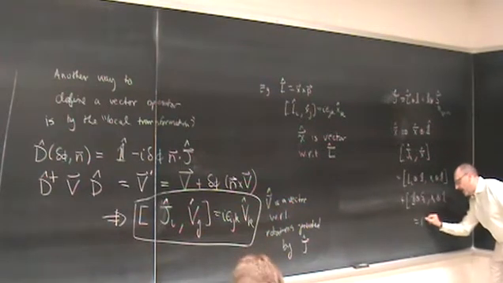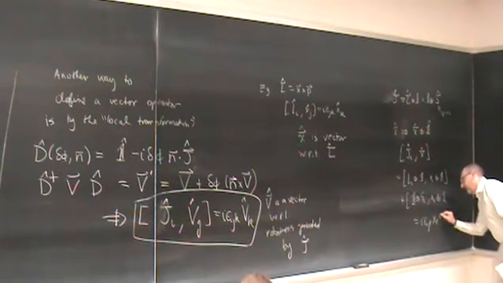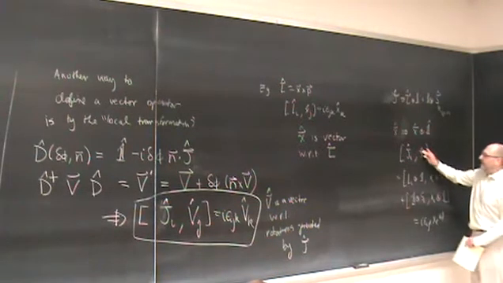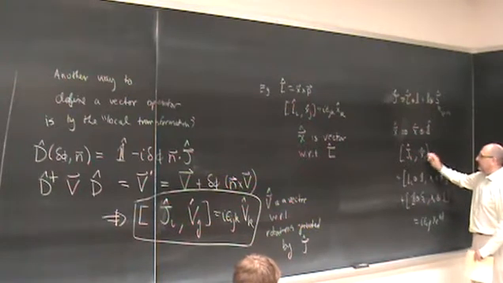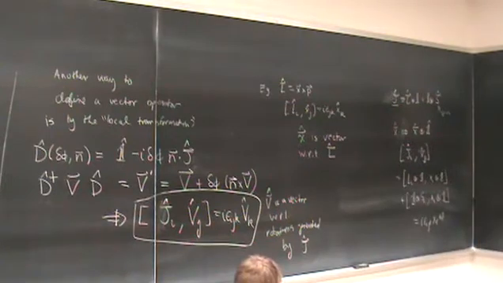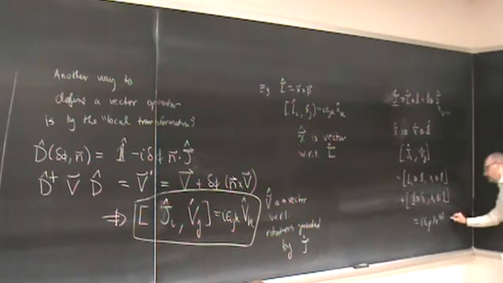This is still i epsilon_ijk x_k tensor identity. And what about this? It's zero. It commutes. So, is x a vector with respect to J? Yes, it is. Okay. We'll come back to that. That'll be important.